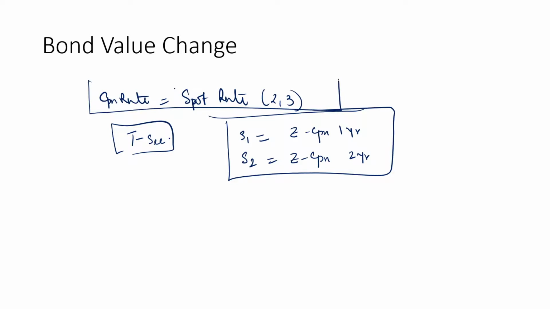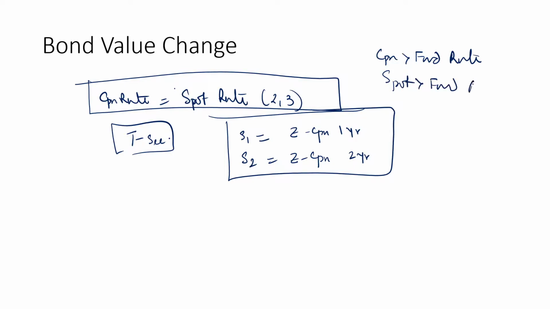to substitute this, and once you substitute this, all that it says is that if the coupon is more than the forward rate, well, I substitute this with if the spot rate is more than the forward rate, obviously the bond value increases. The reverse is the case.